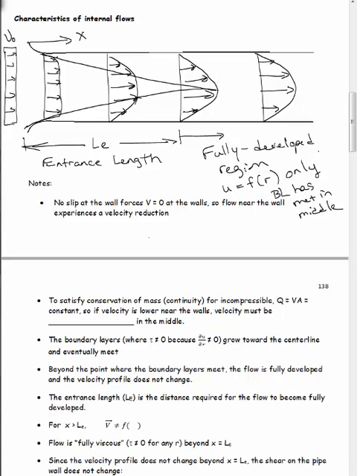Again, because of the no slip, that's why you have 0 here near the walls, but the walls can't affect the flow all the way out to the middle right away. It takes a little while. Okay.